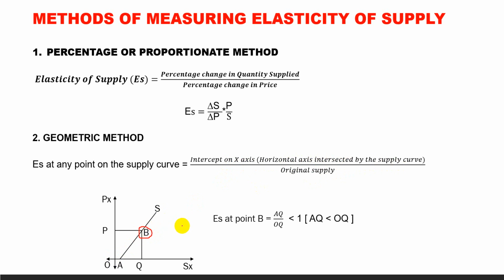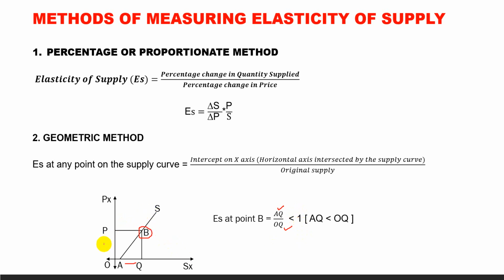Now at point B, elasticity of supply is equal to the intercept on x-axis, which is AQ, divided by original supply at OP price, which is OQ. So AQ by OQ. Since AQ is less than OQ, therefore elasticity is less than 1.